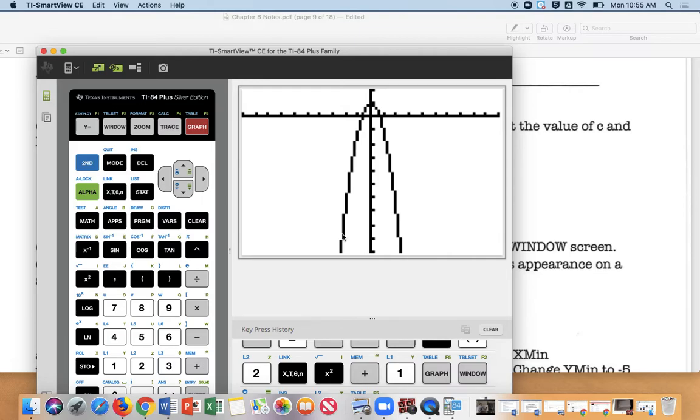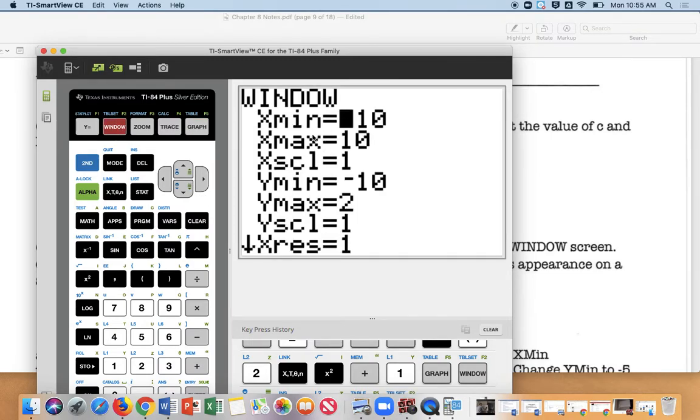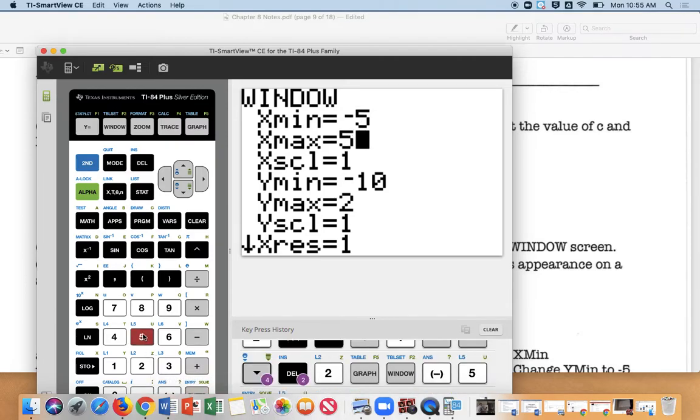But this is like an opinion. Are you able to gather the information you need from your graph? If not, you can play around with the window. You can change your y min, y max, what you're counting by, all those things. So if I wanted to, I could change my x min to -5, my y max to 5, and count by 0.5.